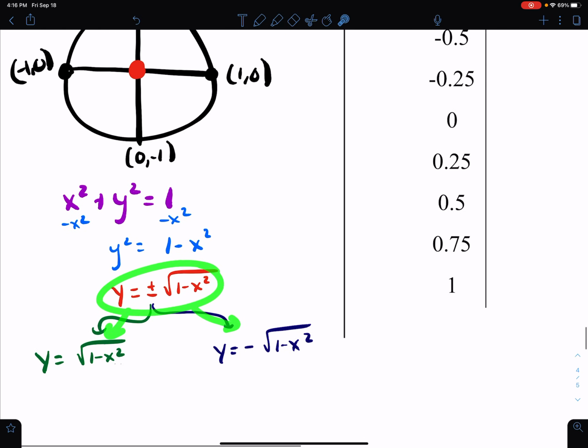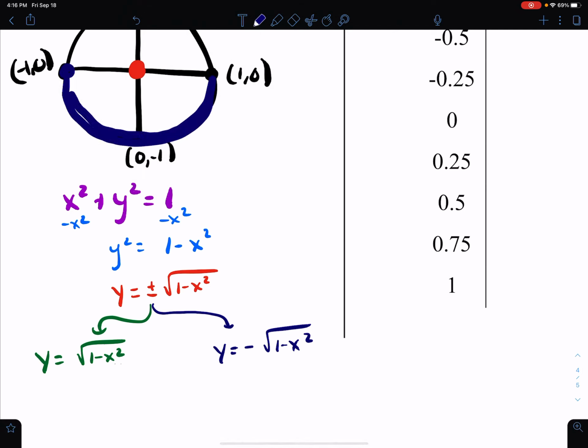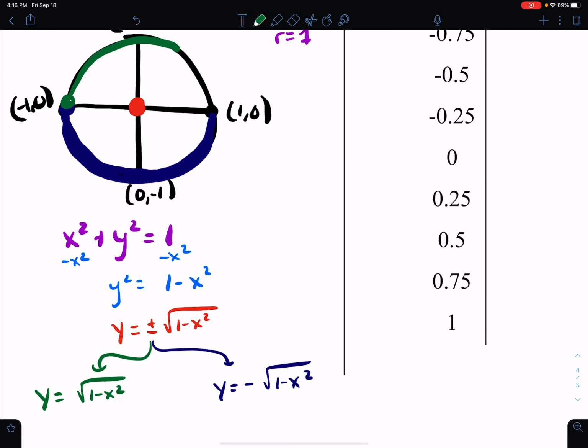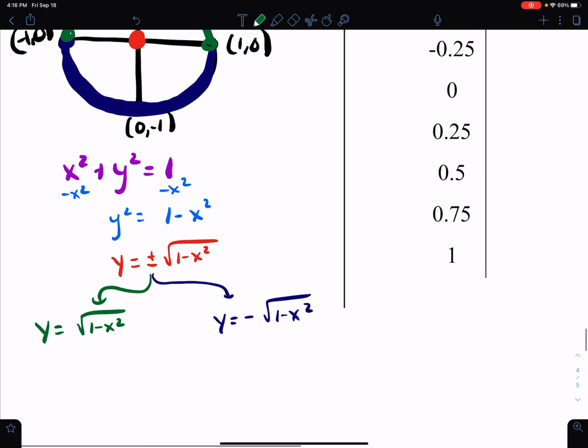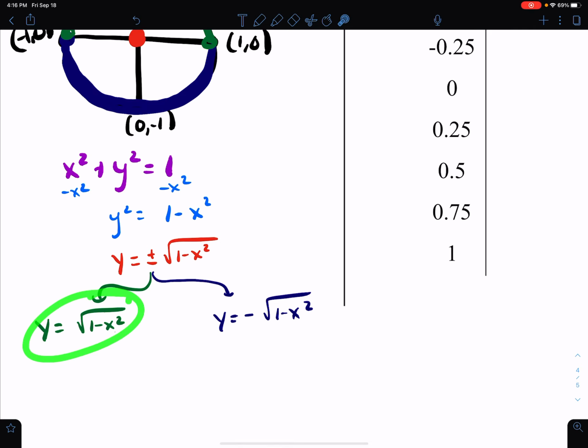Well, yes, because when we have one circle, we could view it as the lower part of the circle with all the y values that are negative, or we could view it as the top part of the circle where all the y values are positive. So whether I choose this version or this version, it's only half of the circle.